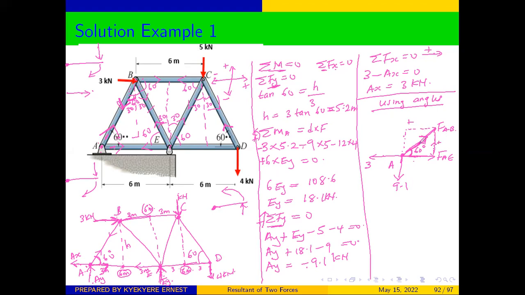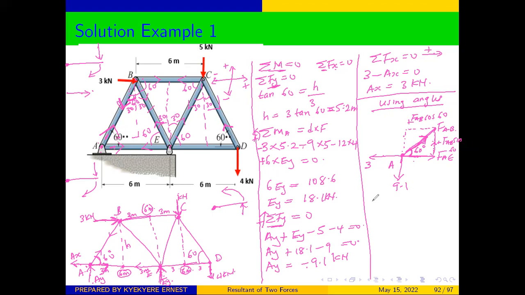Resolving, the x side is adjacent to the angle, so it will give us FAB cos 60, and our y side is opposite the angle, which will give us FAB sine 60.